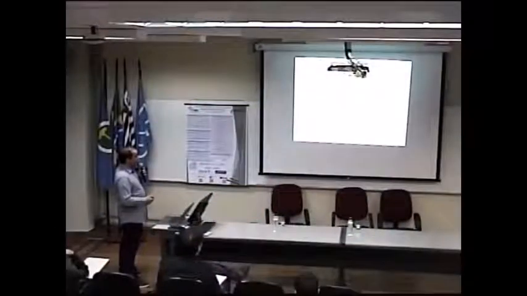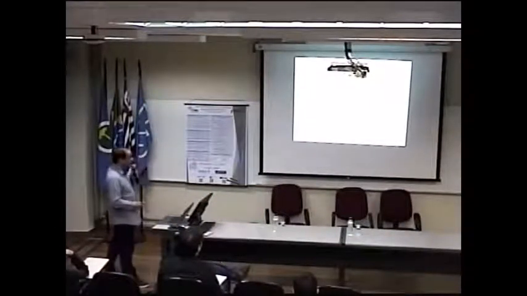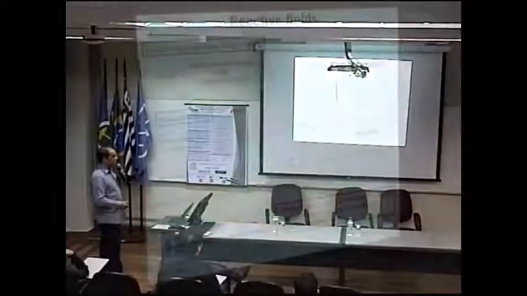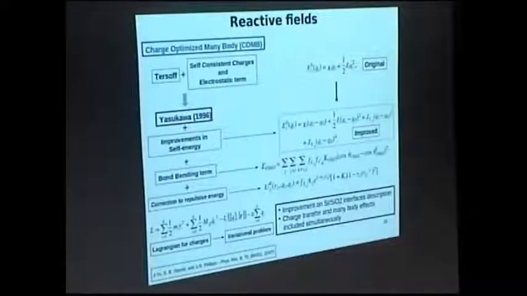And this COMB potential is really powerful, a really sophisticated formulation. This paper is really nice to read. And they could make initially a nice description for this interface between silicon and silicon oxide. And they describe it really nicely, the charge transfer and many-body effects.